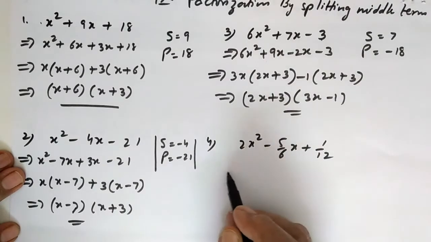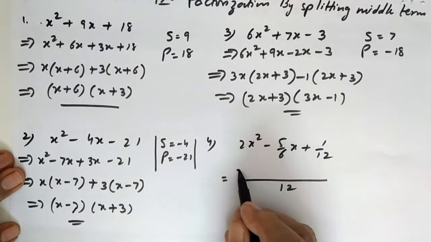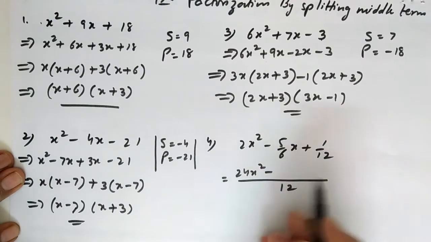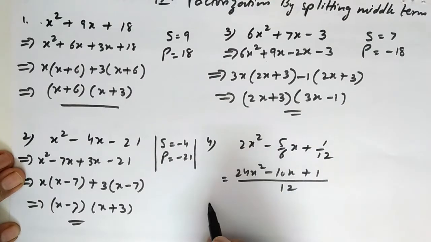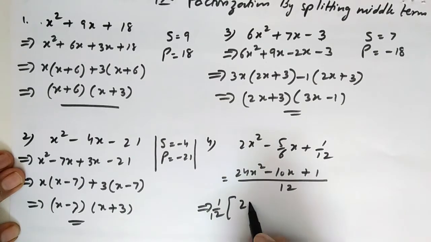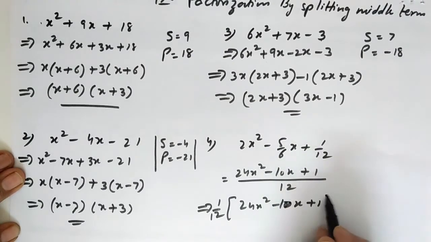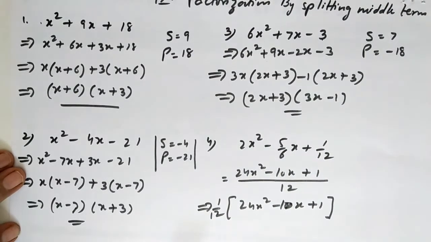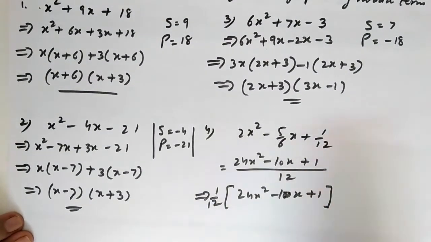In this case, you have to take the LCM. It will become 24x square minus 10x plus 1, so you can write 1 upon 12 outside. Now sum is minus 10 and product is 24.